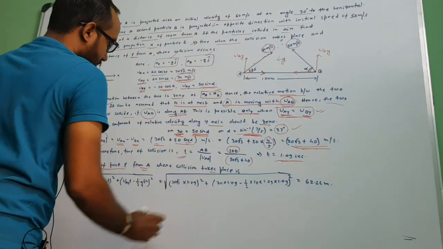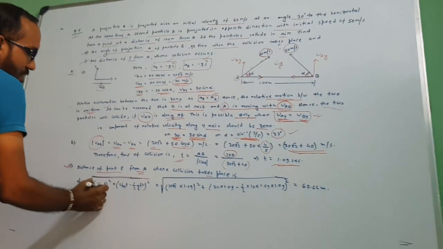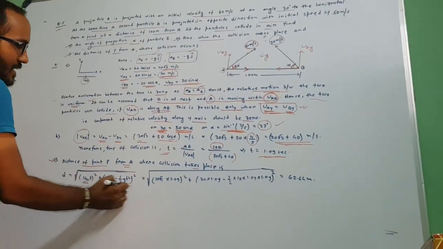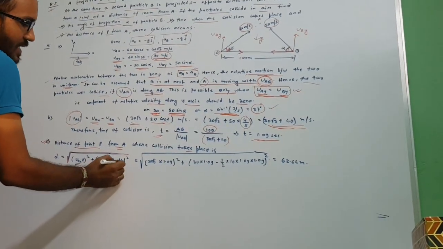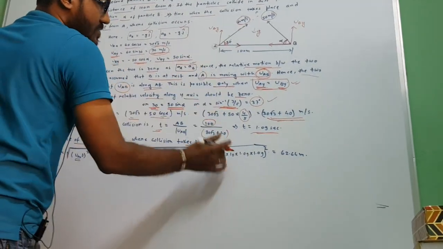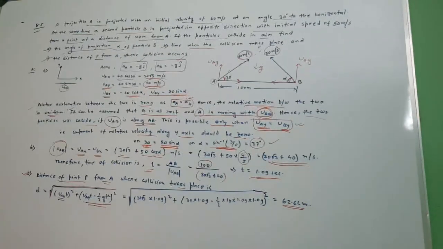The distance would be uay t minus half g t square. Put all the values, you will get 62.64 meter.